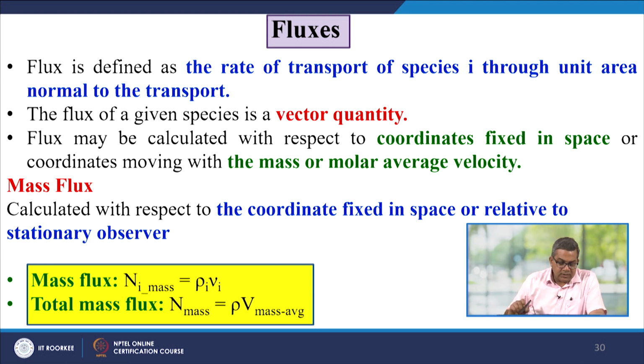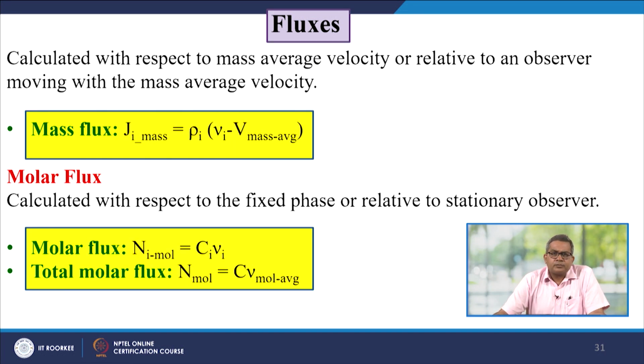Now, mass flux is calculated with respect to coordinates fixed in space, or relative to a stationary observer. This can be represented by the formula: the mass flux Ni mass is equal to rho i into Vi. The total mass flux N mass is equal to rho V mass average.